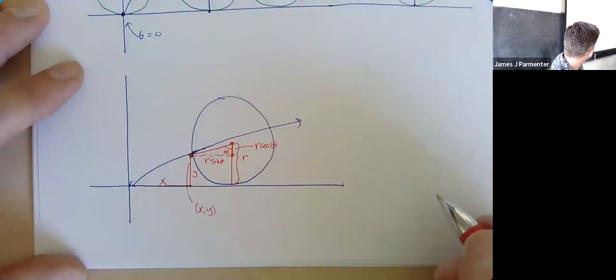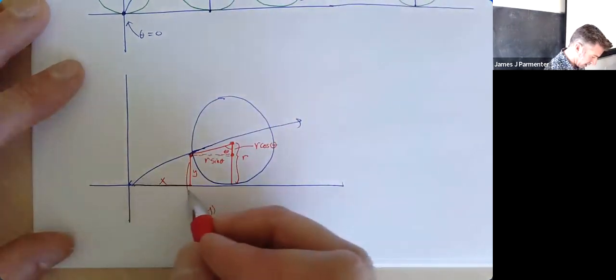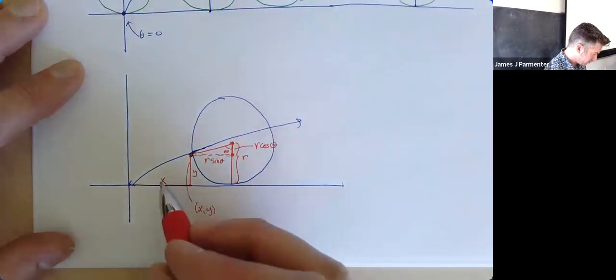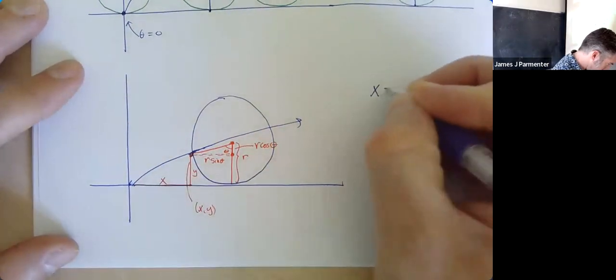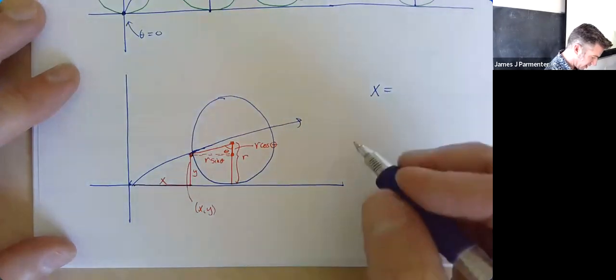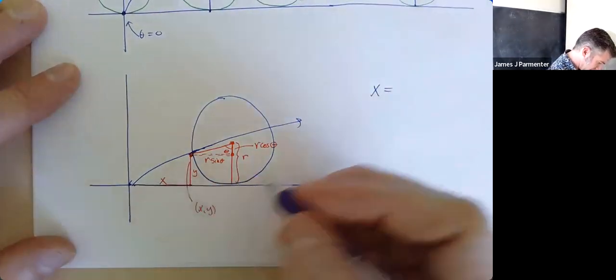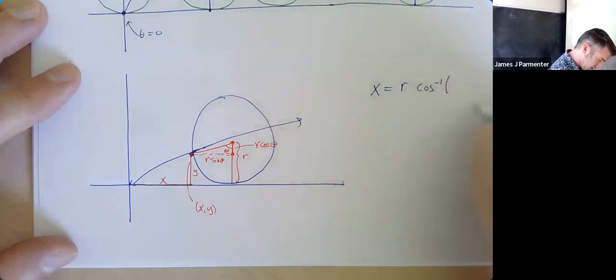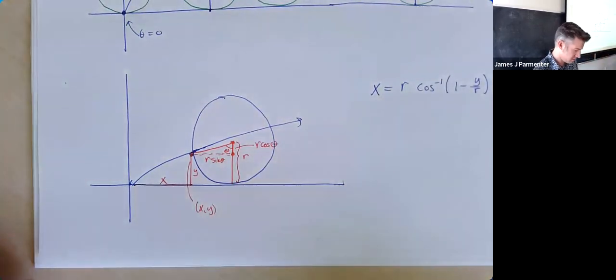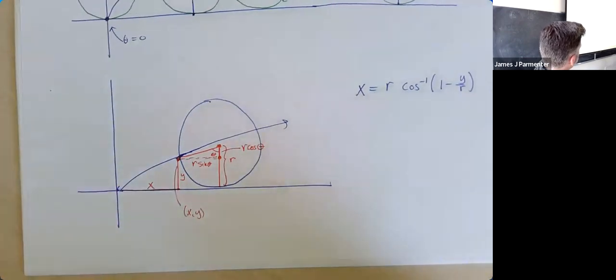If I want to think about how much my x and y are, well, x is actually kind of weird. So x is r times the inverse cosine of 1 minus y over r. That seems very not intuitive, in my opinion.